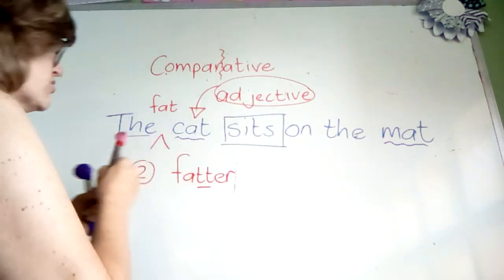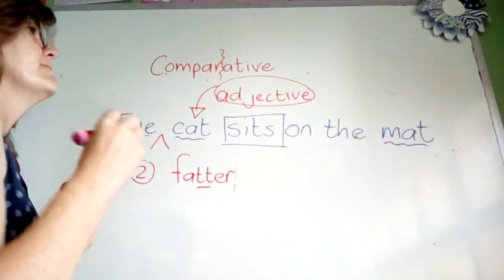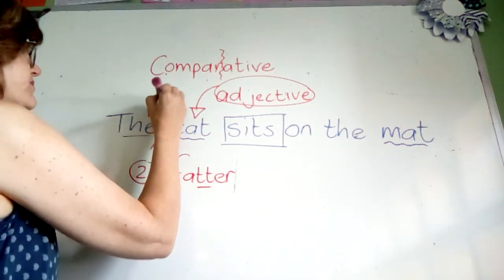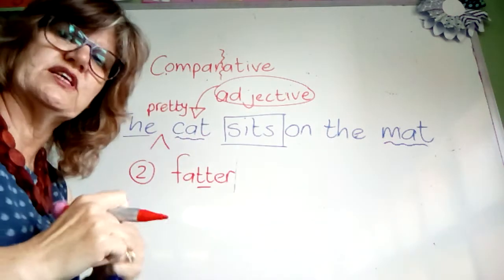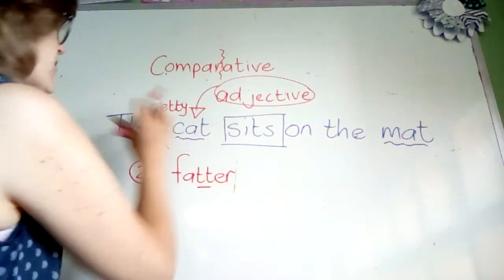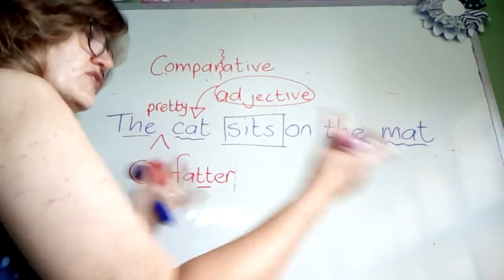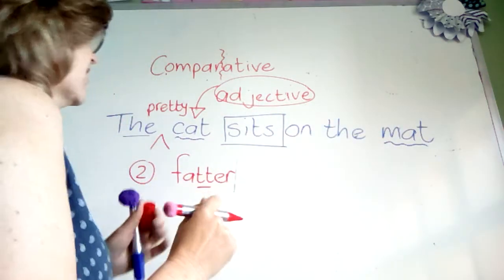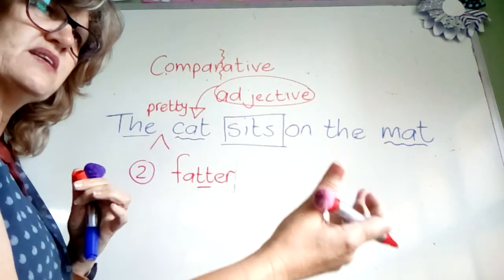If I use the word pretty, the pretty cat. Now normally we won't say a cat is pretty, we'll just say it's a beautiful cat. A pretty cat. Okay, again it's two cats. I'm comparing the grey and the brown cat. Okay, and the grey cat is pretty than the brown cat?